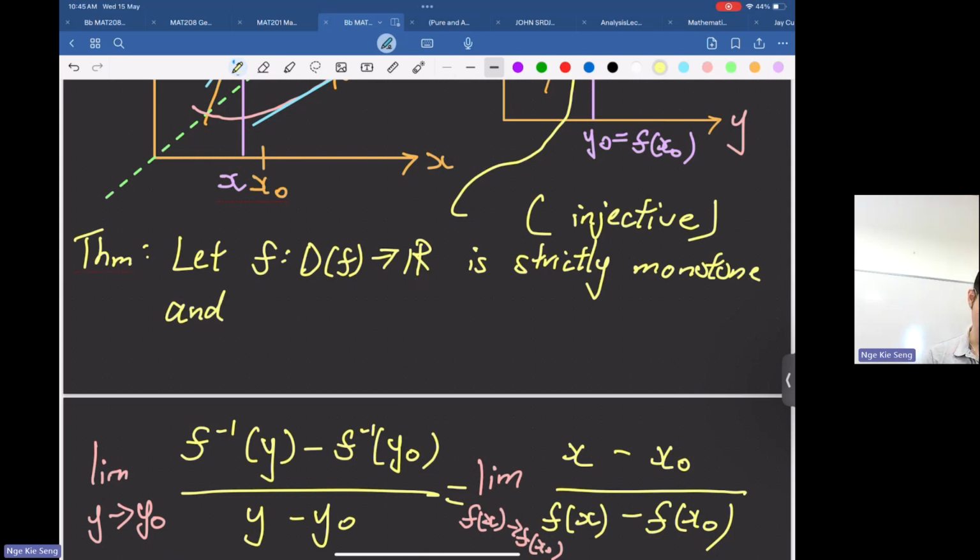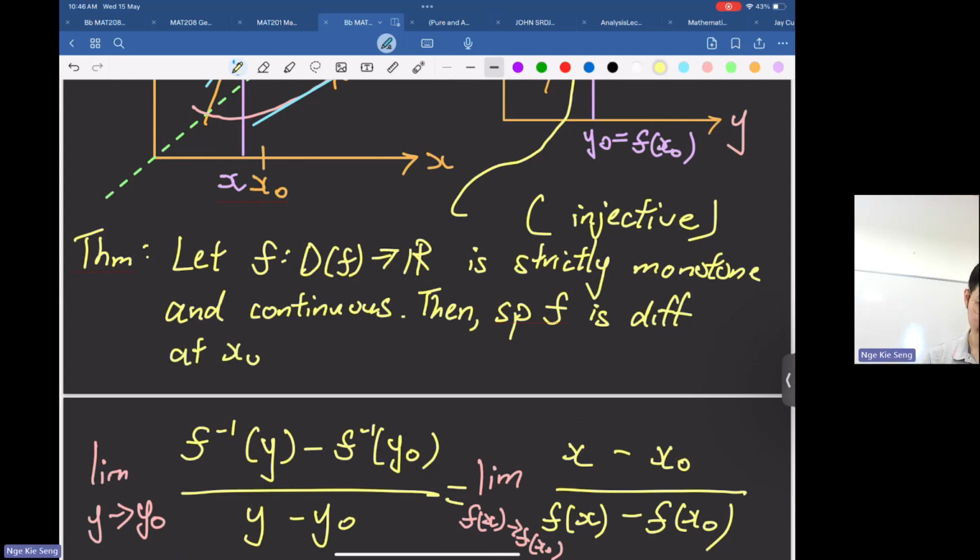And we want f to be continuous also. Then suppose f is differentiable at our point x0, and of course f prime of x0 is not equal to 0.